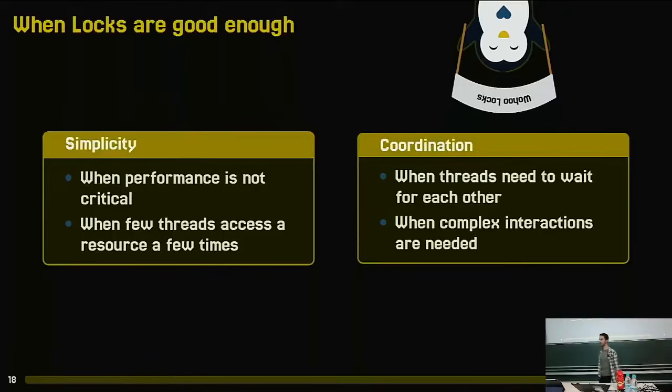So if you want to make sure that 10 threads stop at one coordinated point, and only if every thread arrives at this point, then they can continue together, this would be a prime example for using locks. So I'm unsure if the Zig standard library implements such locks, but those aren't too hard to implement by yourself. This wouldn't really be possible with lock-free programming.